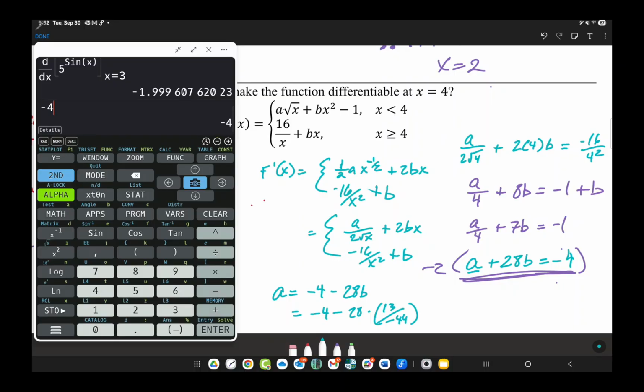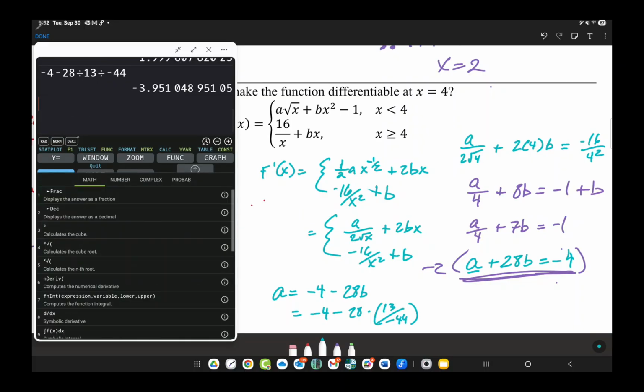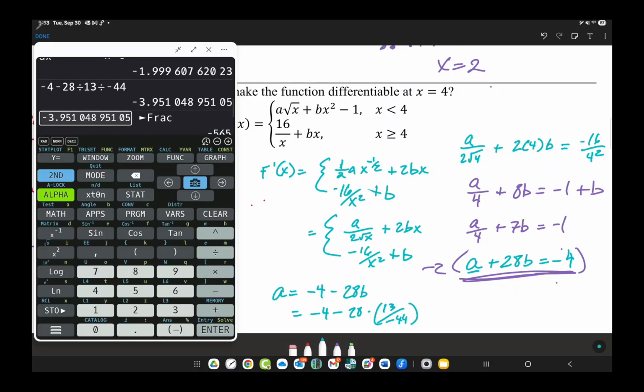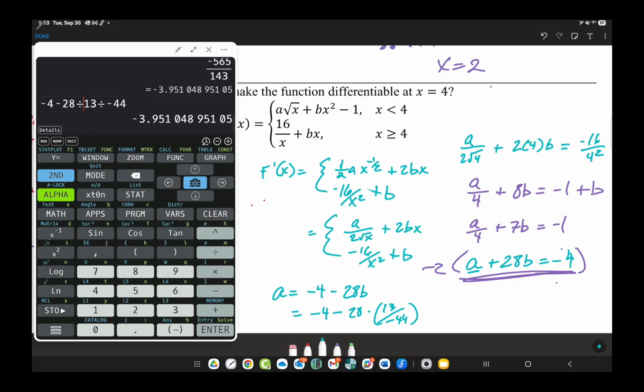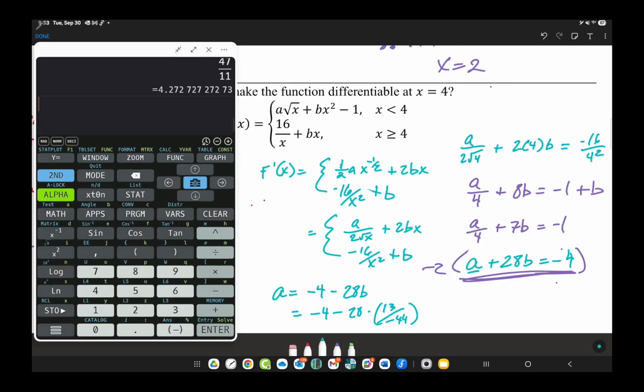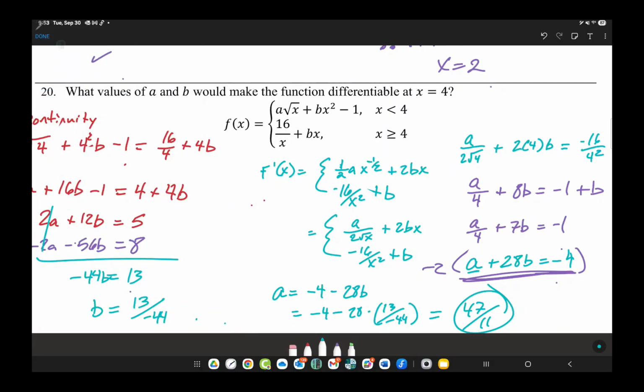Negative 4 minus 28 times 13 divided by negative 44. Math, fraction, enter. I didn't type it in right, so that's why. That should be times. 47 over 11 for A. It does help if you type in your calculator correctly.